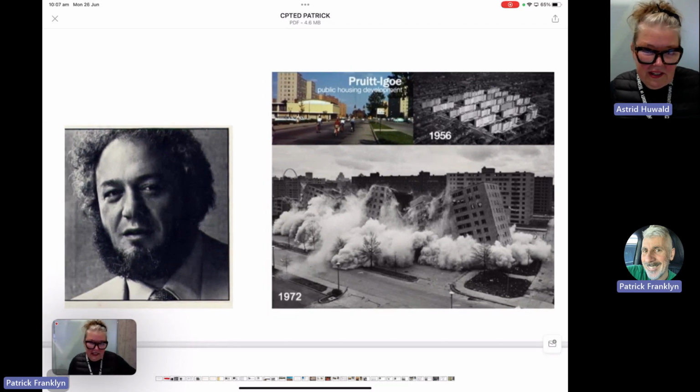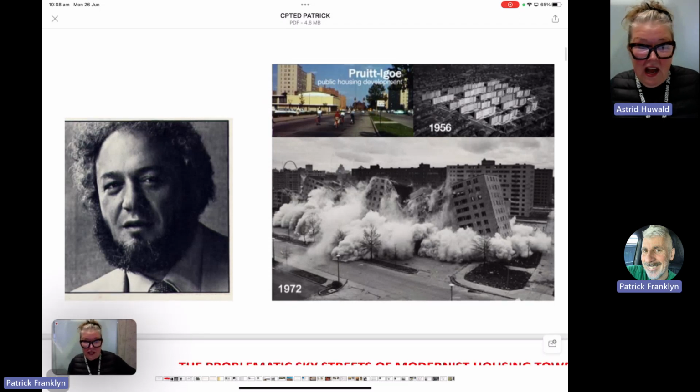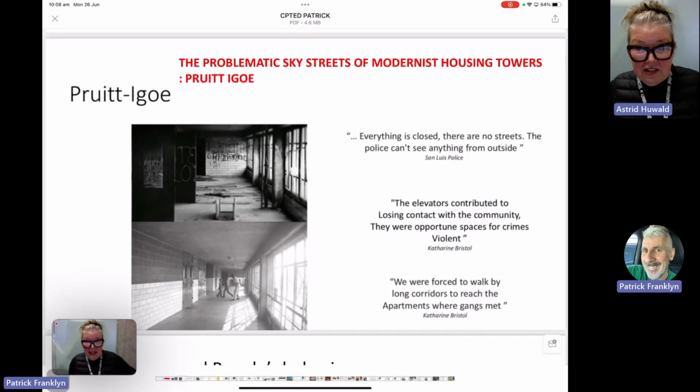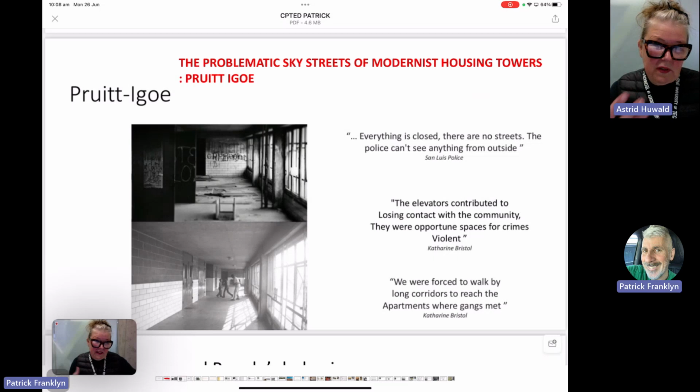What Oscar Newman did was, instead of imposing himself onto a situation as architects tend to do, he went in there and asked people what's going on. At that time it was very radical for architects to say, let's not impose. What he found was that people felt very unsafe in the sky streets, because you literally opened your apartment door onto that sky street, and it felt like nobody owned them.